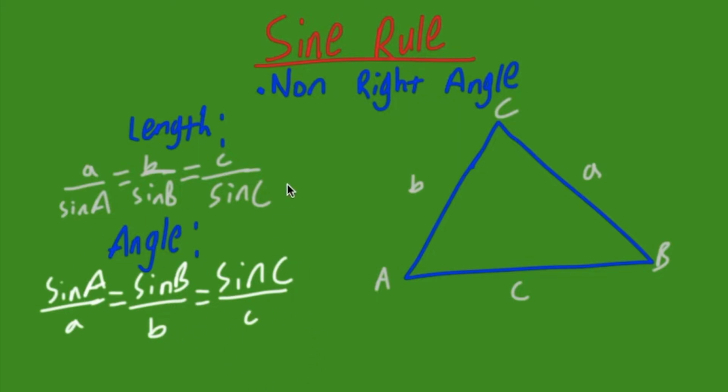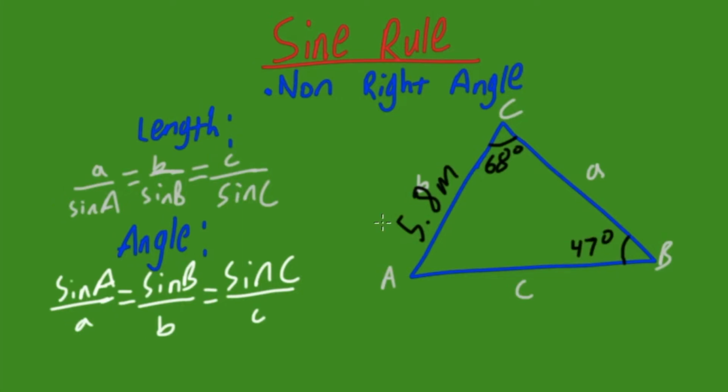Now that we have our two formulas and we know which we use in different situations, we can look at an example. Let's say we have this triangle where this side is 5.8 meters, this angle is 68 degrees, and this angle is 47 degrees. The other very important thing to note is whenever you're using the sine rule, you have to have two values that are opposite of each other.